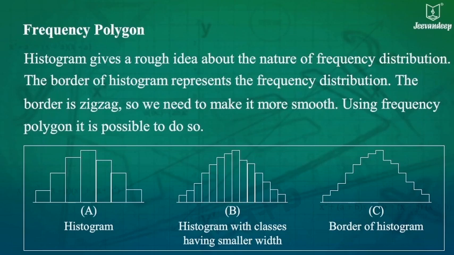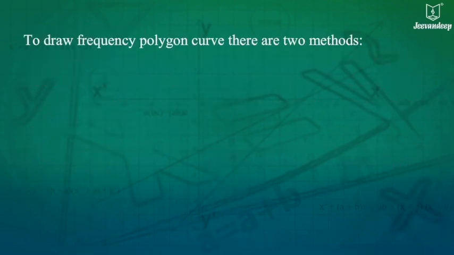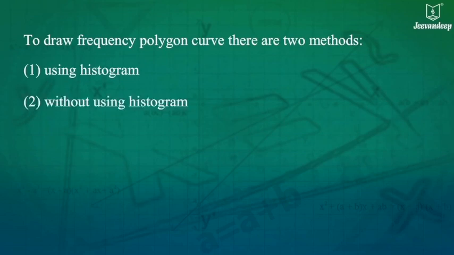The following figure will demonstrate how to make the border smooth. To draw a frequency polygon, there are two methods. 1. Using histogram. 2. Without using histogram.